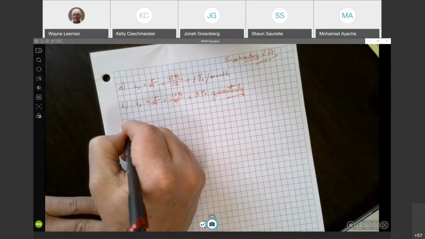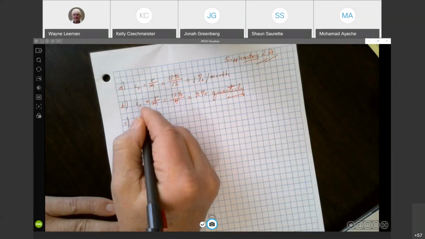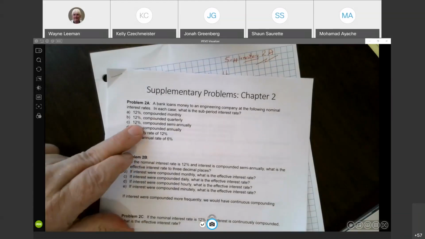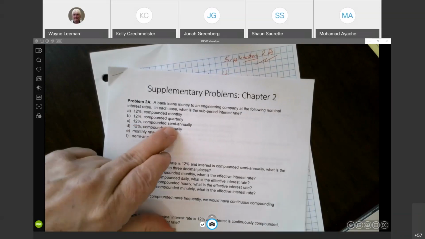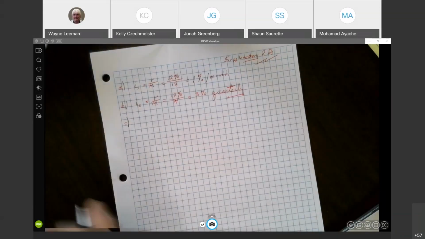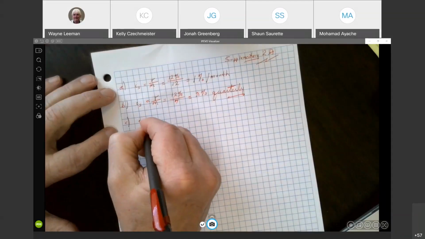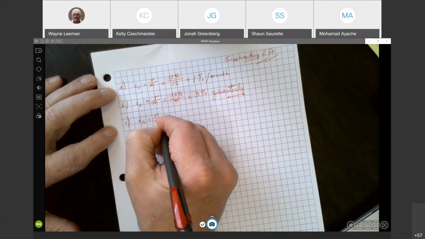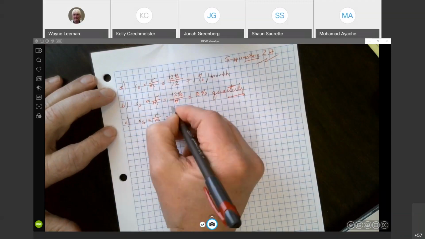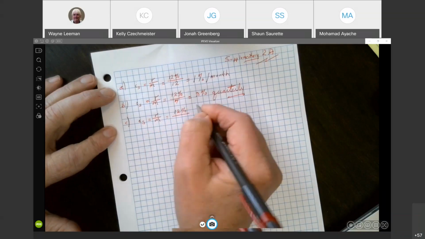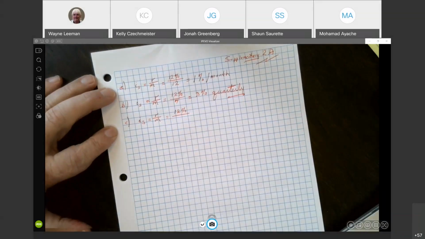Try C. It is, same question, 12% has not changed, but it's compounded semi-annually. So semi-annually, once again, the formula: nominal rate over the number of compounding periods is going to be equal to 12% divided by the number of compounding periods per year.